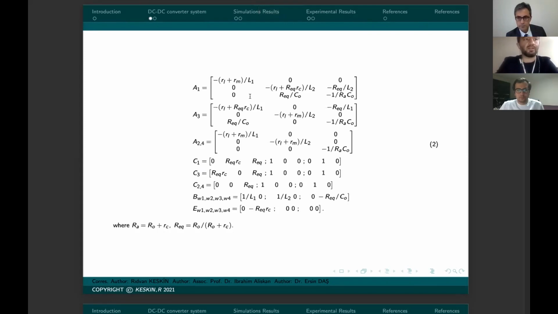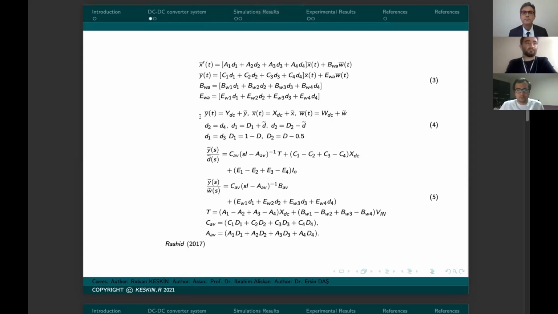A, B, C, and E matrices are obtained from derivative expressions according to the operating modes of the converter. The content of the matrices can be seen from this equation: A1, A2, A3, and A4. Then these matrices are averaged according to the duty cycle value of each operating mode. Here, D1, D2, D3, and D4 represent the operating modes of the converter.